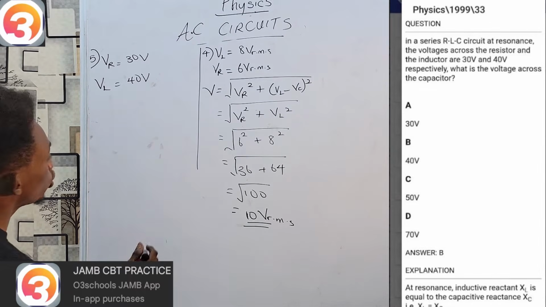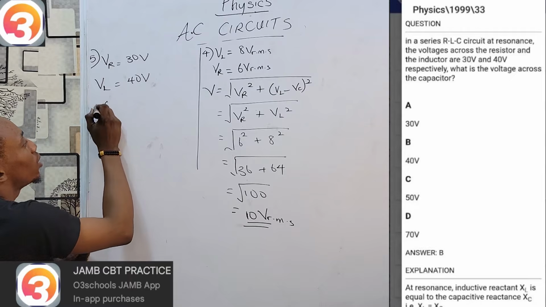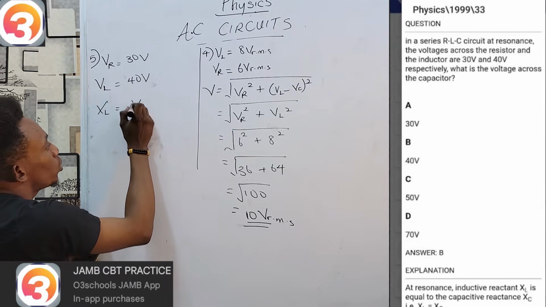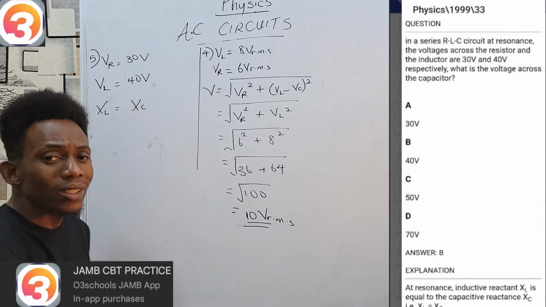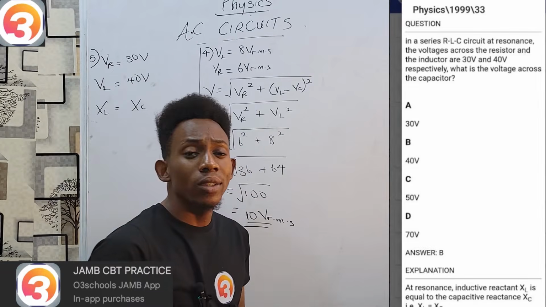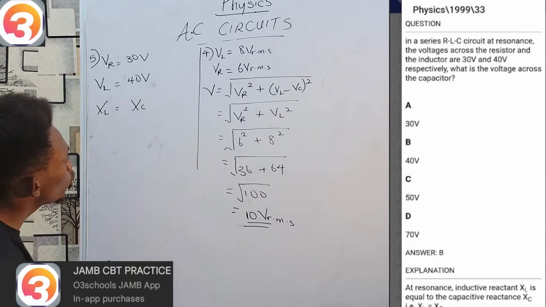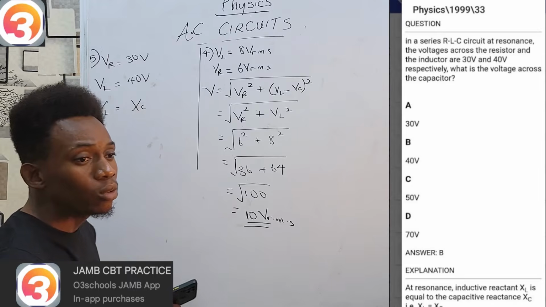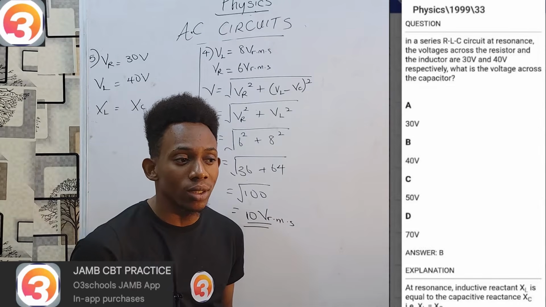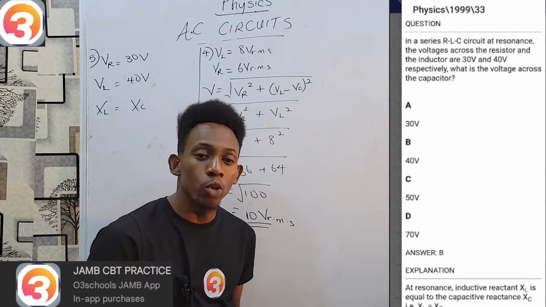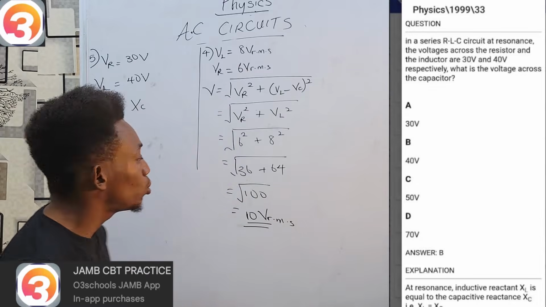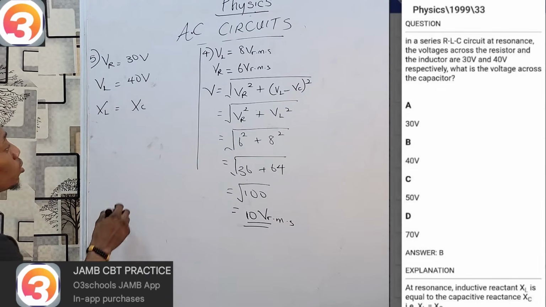Across the capacitor. You must remember, at resonance, XL is equal to XC. Now you may look at this and go, yes, but nothing about this mentions voltage. Just remember, if I want to get voltage, what do I do? I simply multiply by the current. And in this case, the currents are the same value because it's a series circuit.